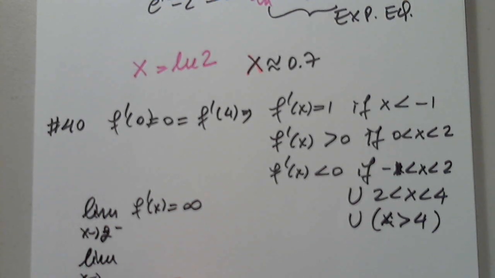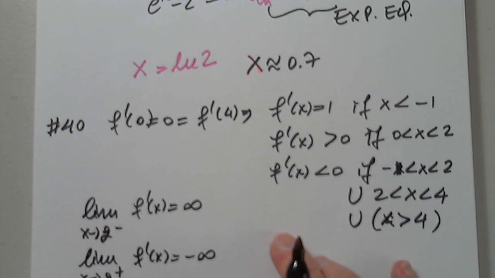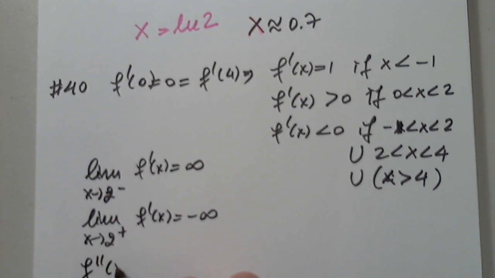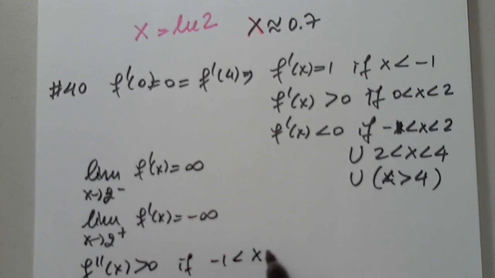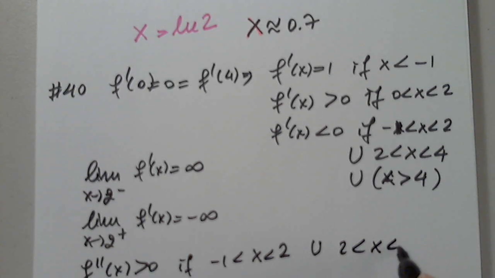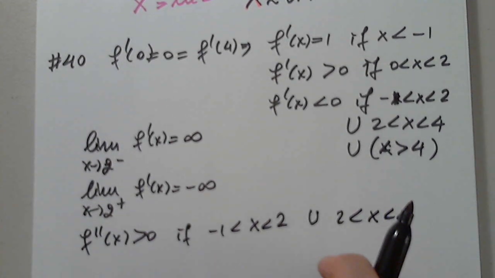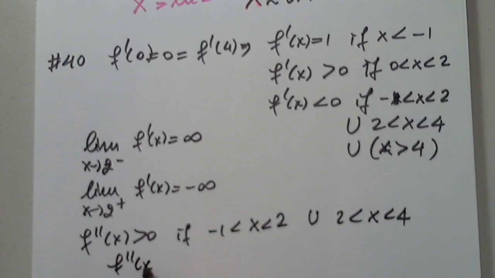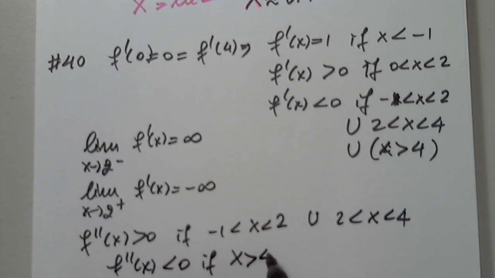So limit as x approaches 2 from the right of f prime of x. The second derivative is greater than 0 if -1 less than x less than 2, union 2 less than x less than 4. And finally, the second derivative is less than 0 if x is greater than 4.